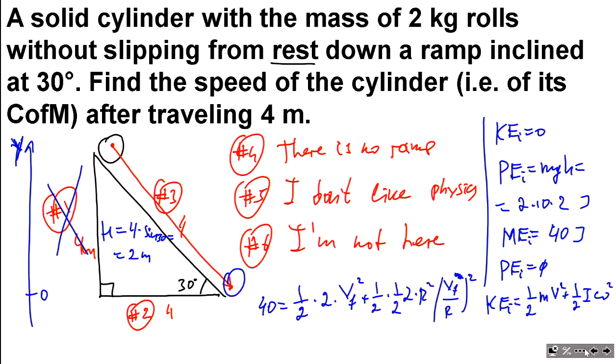And again, we can see that radius getting canceled. The only unknown left in that equation is that final speed we are looking for, and you can solve that unknown by doing simple algebra.